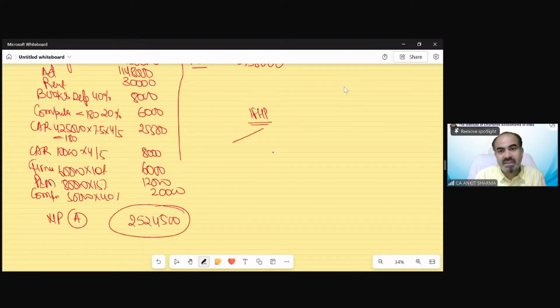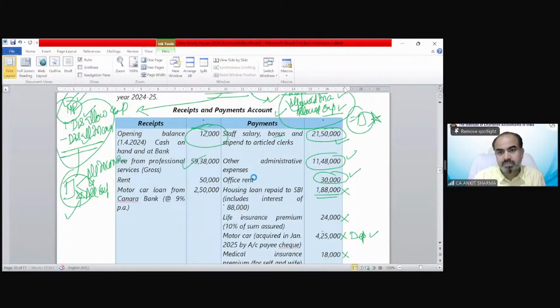Now income from house property. As we discussed, there are two parts of the house: one is self-occupied and the other is let out. The total interest paid was 88,000. If you go through the question, you will see the information regarding house property interest given over here. Housing loan repaid was 1,88,000.